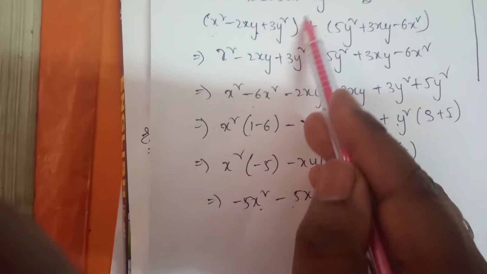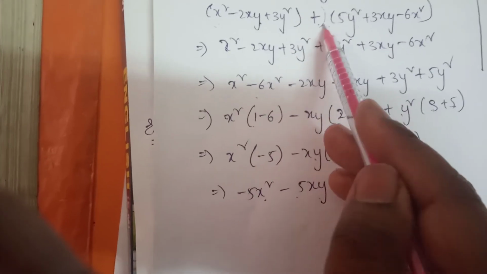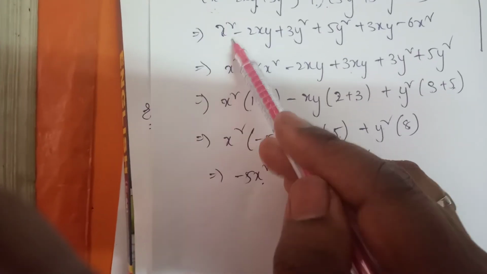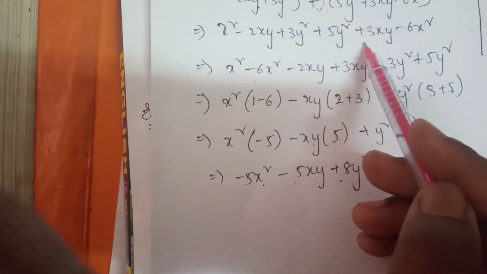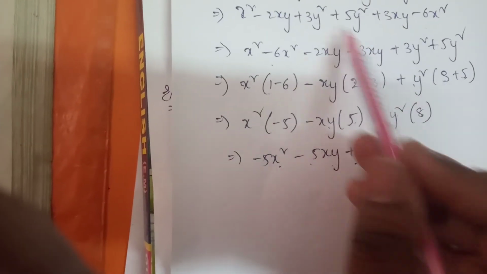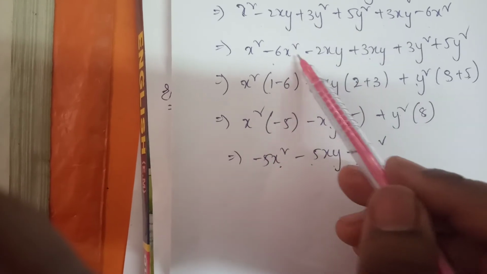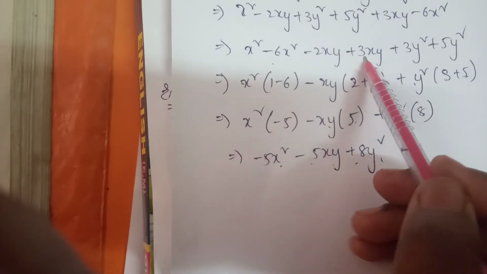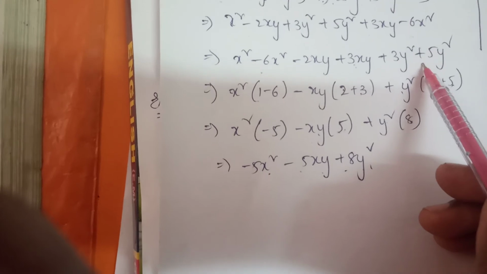They said to add, so we take the plus sign in the middle. So x square as it is, we write the values. In the third step, I take all the x square terms one side, xy terms one side and y square terms one side.